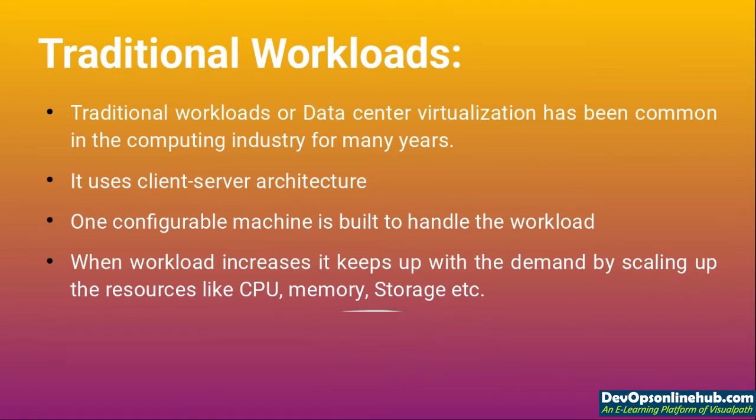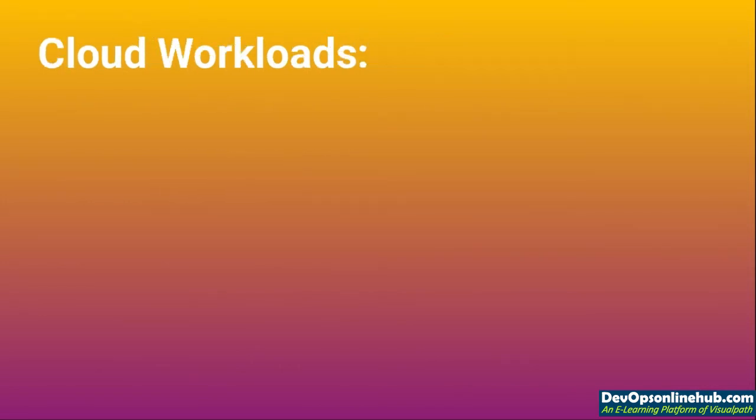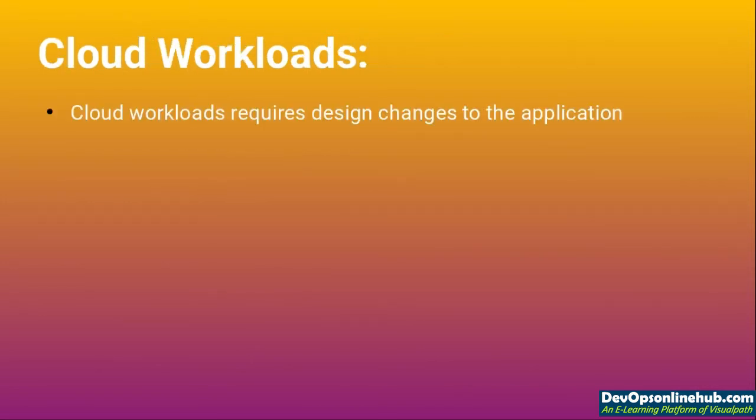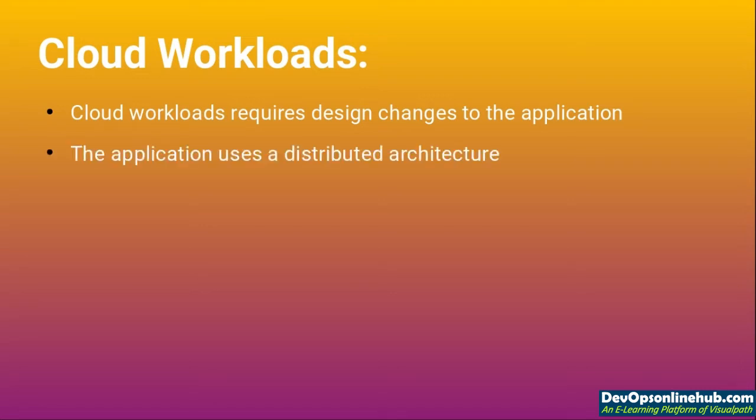Now when you go into the cloud workload, cloud workload requires the entire design of the application to be changed. Why? Because the application uses a distributed architecture. In a normal traditional workload, you don't have a distributed architecture application. You install that application on a particular server and then you start using it. But in case of cloud, that may not be the case, where you will have the application running on multiple instances and serving the client.